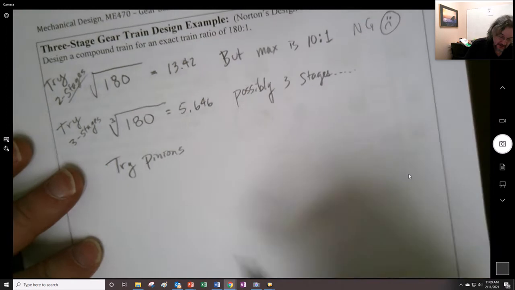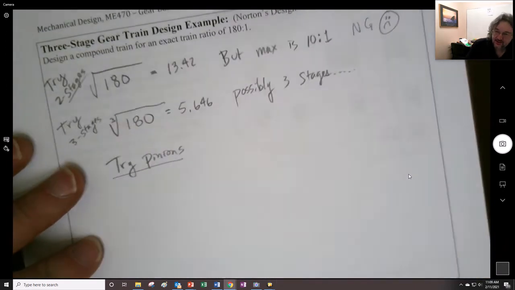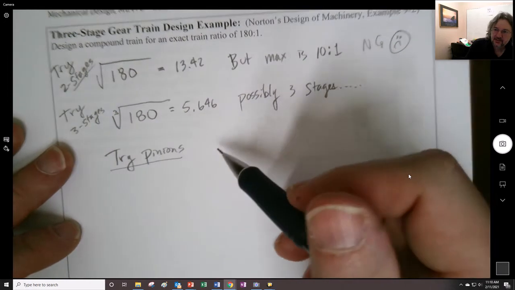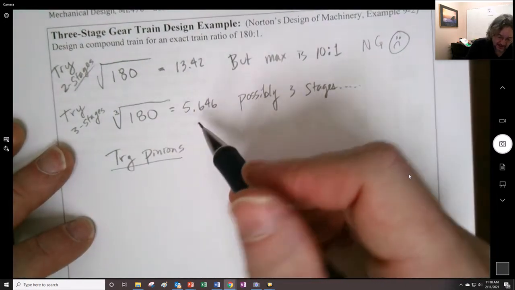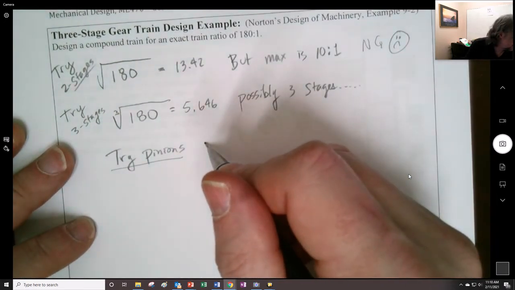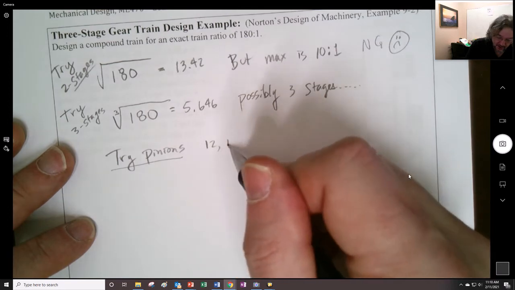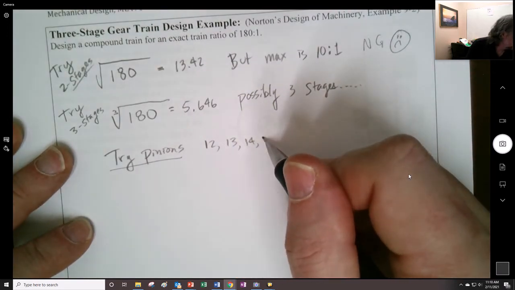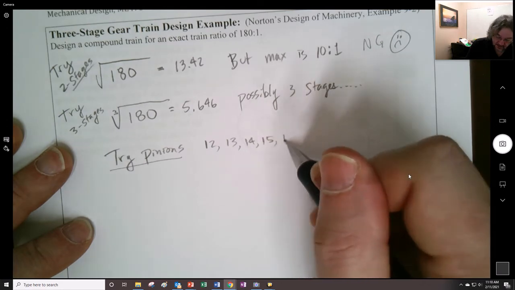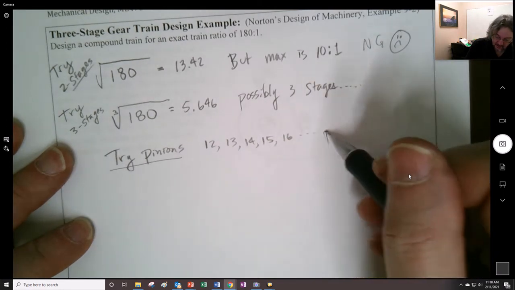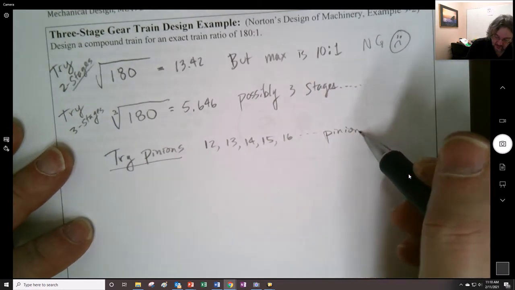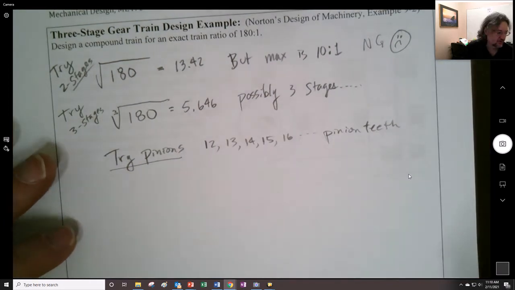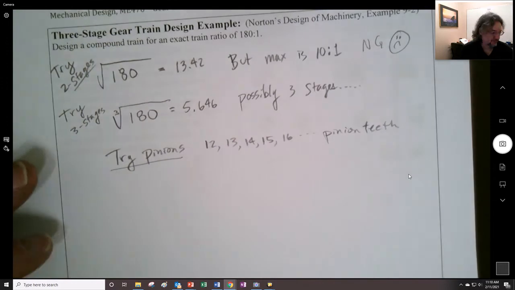This is not necessarily a prescribed technique, but it is an example of a technique. We're going to try 12, 13, 14, even 15 and 16 pinion teeth. Our goal is to find the closest integer we're going to be able to get.